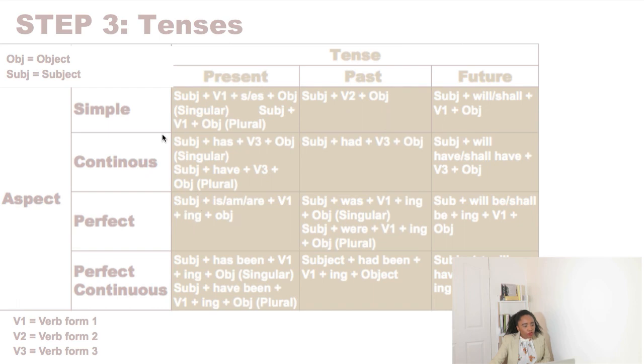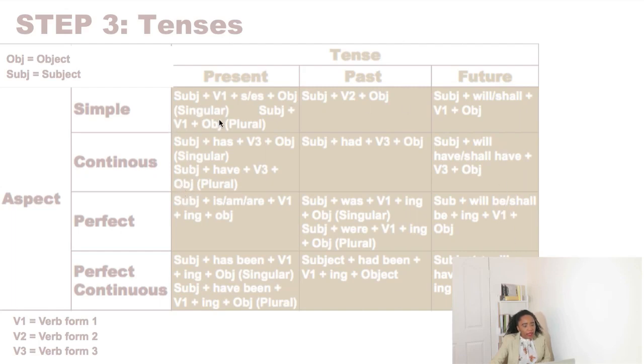So what you have on your screen is a breakdown of the present, past, and future tense and the various aspects such as simple, continuous, perfect, and perfect continuous.